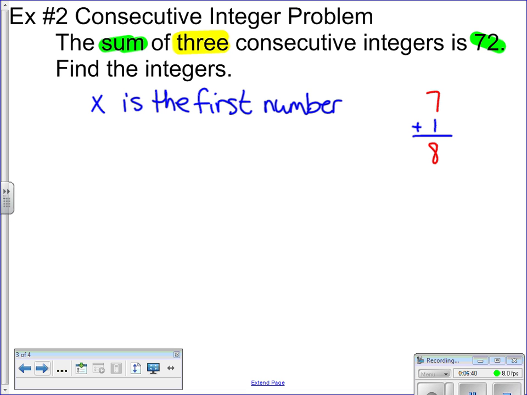We're not going to change x to a different letter. We're going to add 1 to it. So the second number is x plus 1. And once you add 1 to get the second number, then that makes the third number x plus 2.